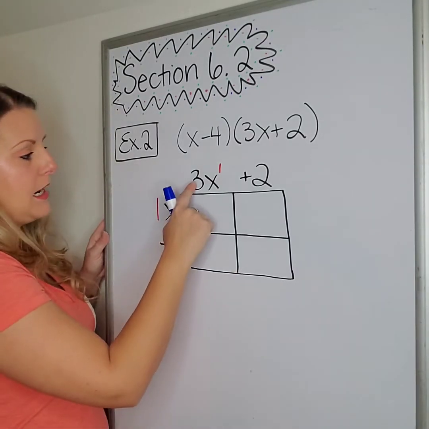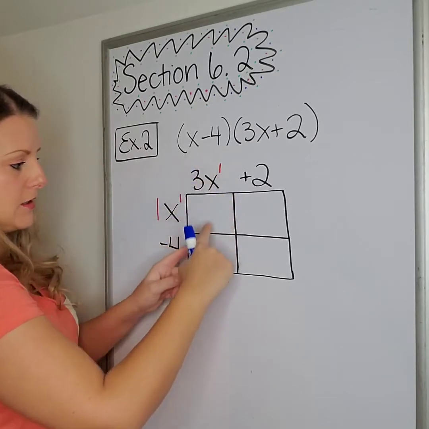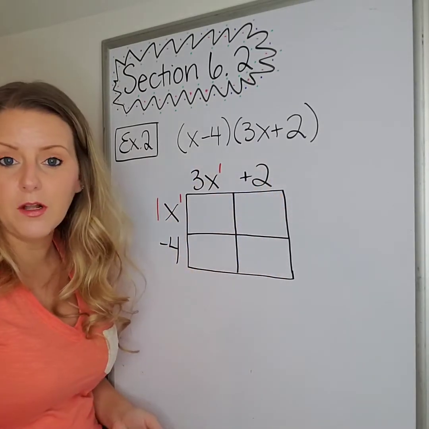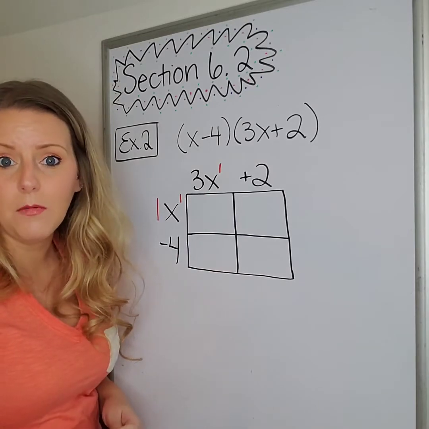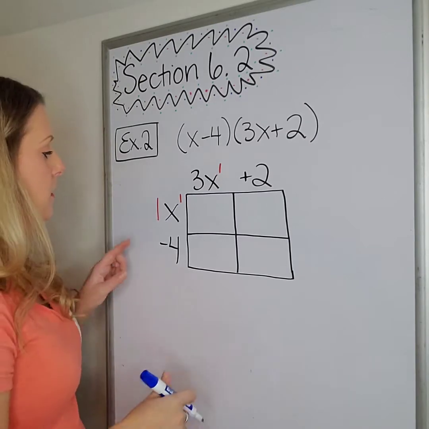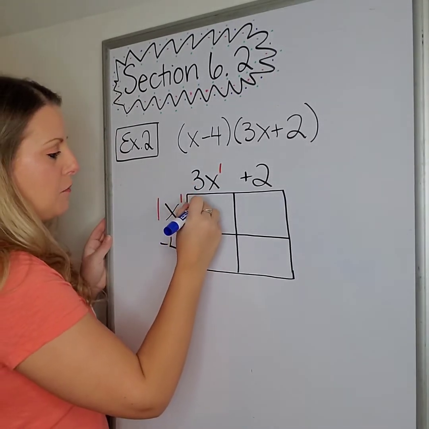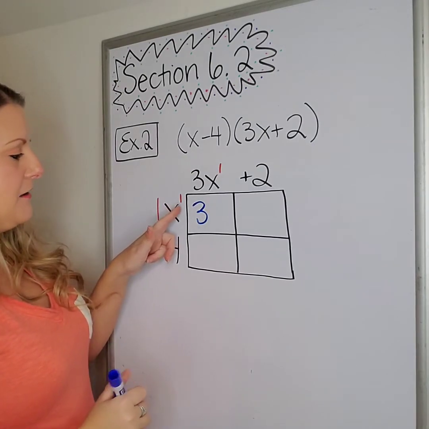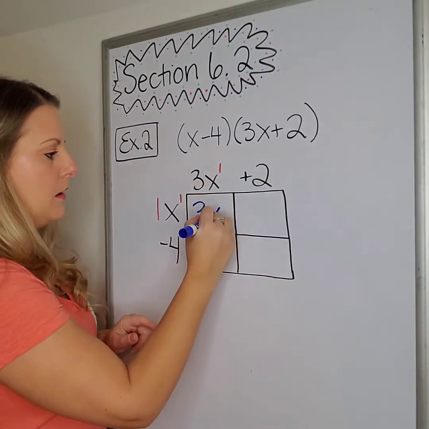So 1 times 3, these are going to go here, these are going to go here, these are going to go here, and these are going to go here. Just like you filled in when you were in 3rd grade and you were learning how to multiply and you filled in all your multiplication tables. Same thing. So 1 times 3, make sure you're multiplying. 1 times 3 is 3, and you're adding the exponents. 1 plus 1 is 2.